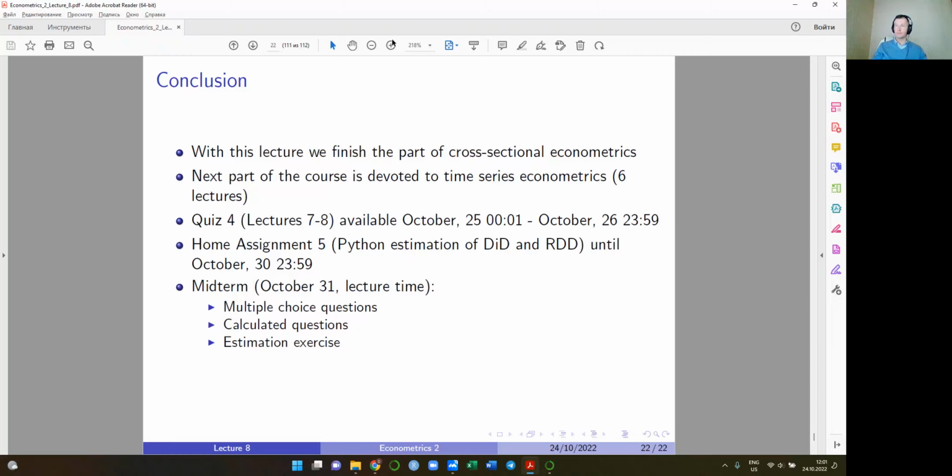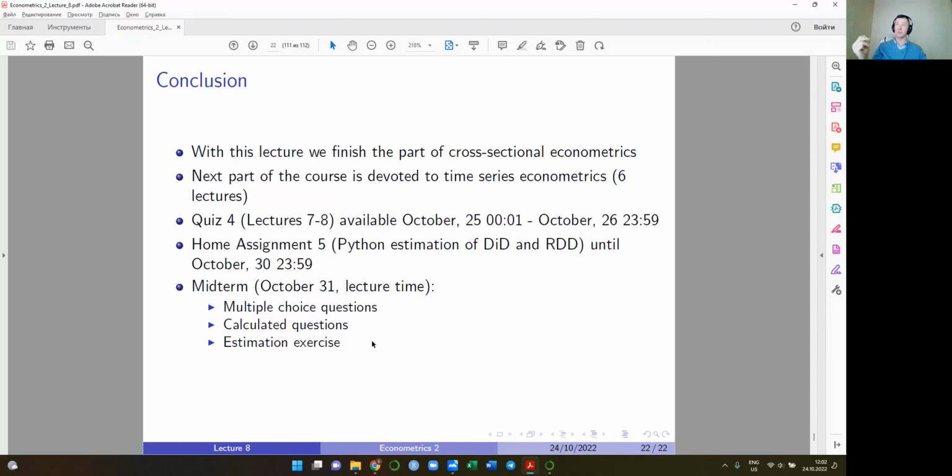To make your life slightly simpler, I would not include this into the estimation exercise. It will appear, of course, in one of these tasks, but not in the estimation.